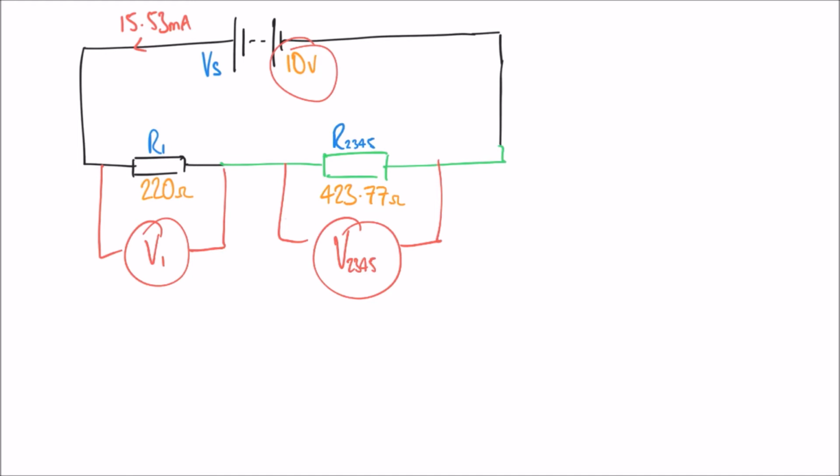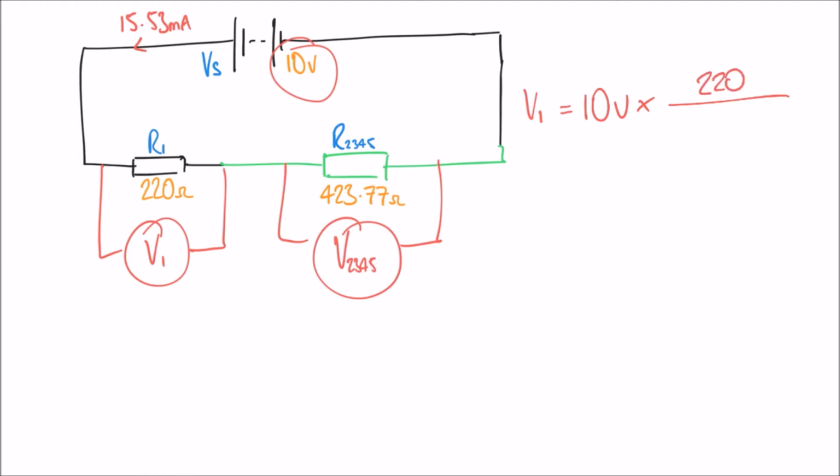And if you remember, the way we set that up is we say, let's look at V1 first of all. We say V1 is equal to the supply voltage multiplied by a fraction. So in this case, 10 volts multiplied by a fraction. And on the top of the fraction, I put whichever resistance I'm measuring across. So in this case, V1 is measured across the 220 ohm resistor, so I'm going to put 220 on the top.